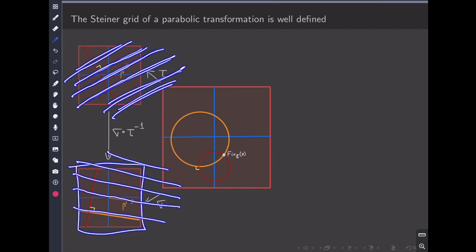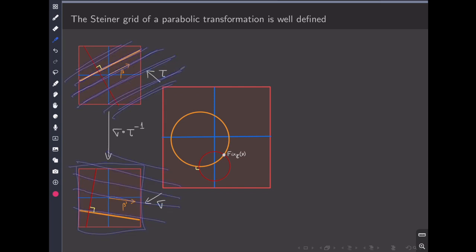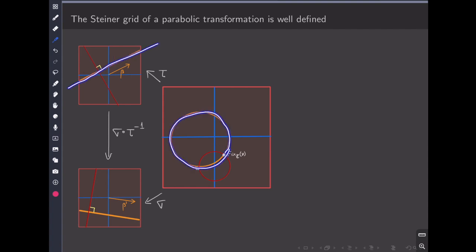which means that when you go back to the original parabolic transformation, the family of circles, each of which is stable under the action of the parabolic transformation, is well defined, because the one that is canonically defined for one translation vector goes to the one that is canonically defined for the other translation vector under whatever conjugation you have of them.